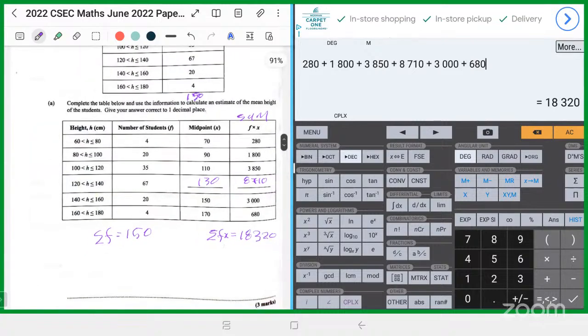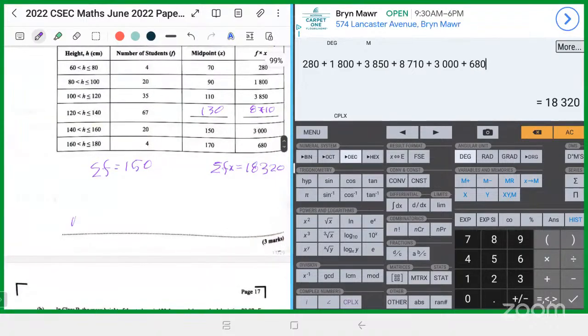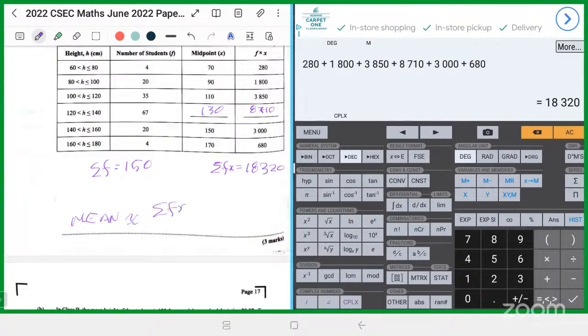That's supposed to estimate the mean, right? So the estimate of the mean is approximately the sum of fx over the sum of f, which is the number of students. So it is 18,320. That's the approximate height of all the students, and there are 150 students.